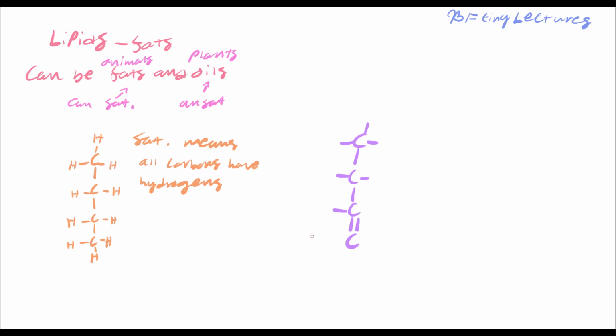Let's say 1, 2, 3, 4, there we go. Always make sure your carbons have 4 bonds, not 5, or you'll get in some trouble. We have some hydrogens right here, and notice again that we have a double bond.